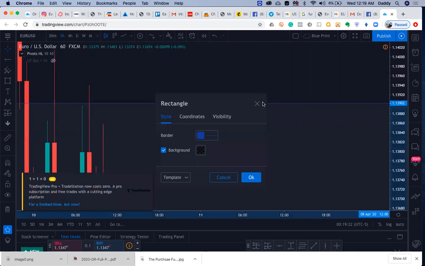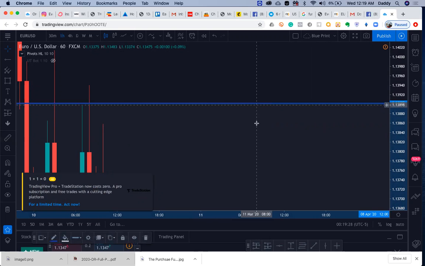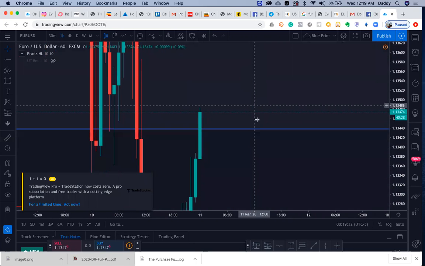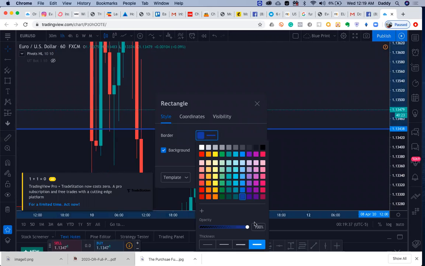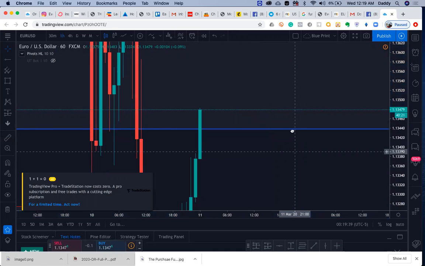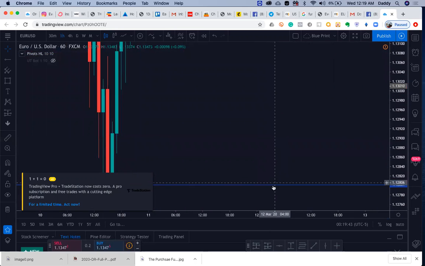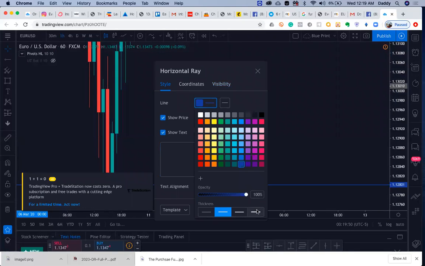Yeah. Okay, now another thing I want you to do is make this a big line. Okay, make that a big line. And then you're going to make this a big line, which it almost is.